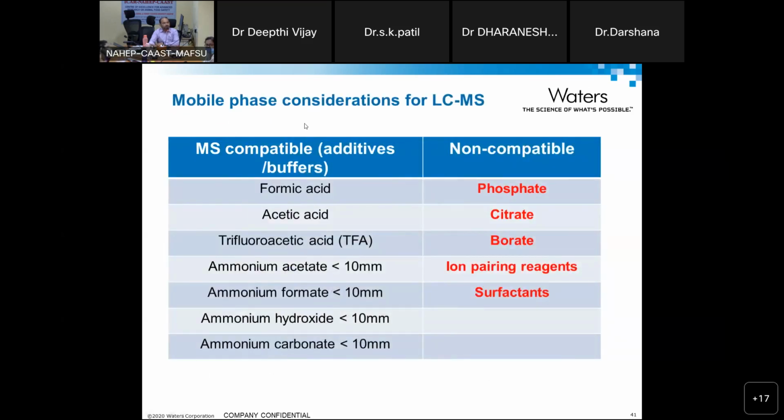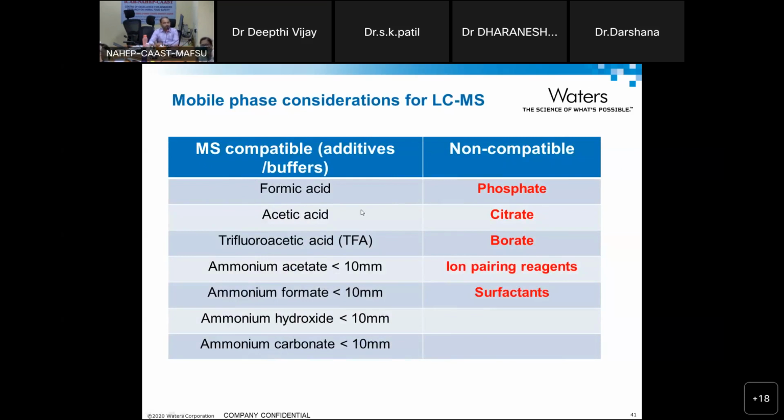Now this is very critical when you work, especially on liquid chromatography hyphenated with mass spectrometers. There are certain precautions which you need to take care of. As I have told you, the mass spectrometer works on the process of ionization. So the mobile phase solvents, buffers or additives which you use in the liquid chromatography should be volatile.